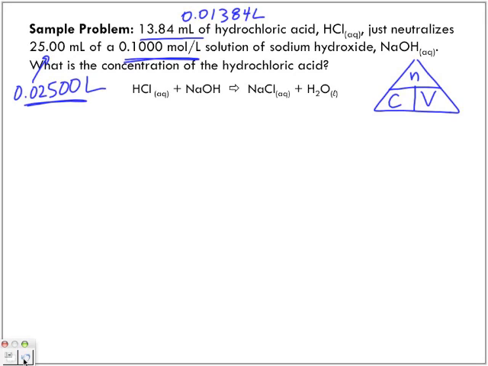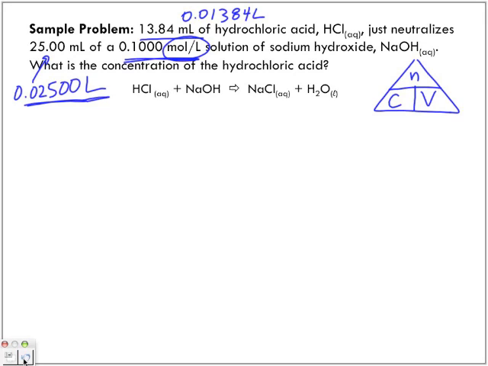Remember, think of stoichiometry. What are we usually trying to find? Moles. We're trying to find the number of moles that were actually used in this reaction. We can do that because look at the units: moles per liter, liter. What will cancel out? Liters, which gives us the answer in moles.